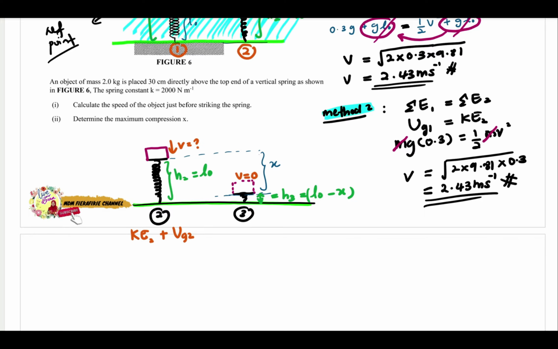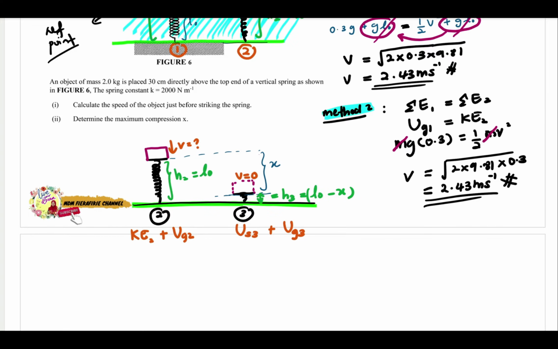So no kinetic energy in diagram 3, but sebab spring itu compress, so dia akan ada elastic energy, US3. And then ada sikit height, H3, so dia akan ada gravitational potential energy. Jadi kalau you punya reference line adalah yang color hijau, so kena consider lah.